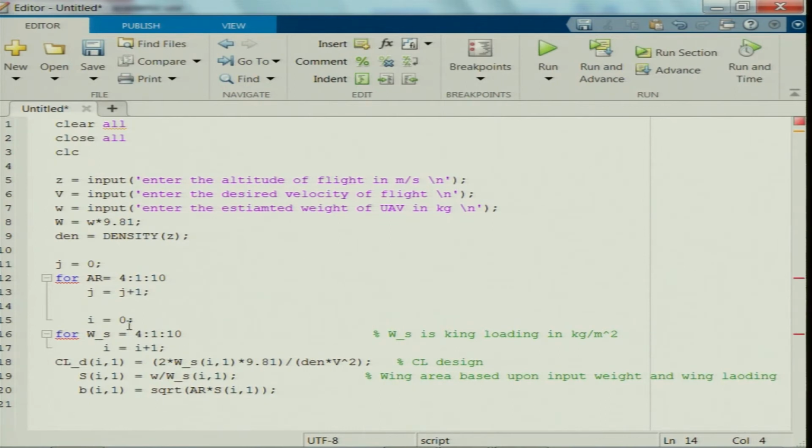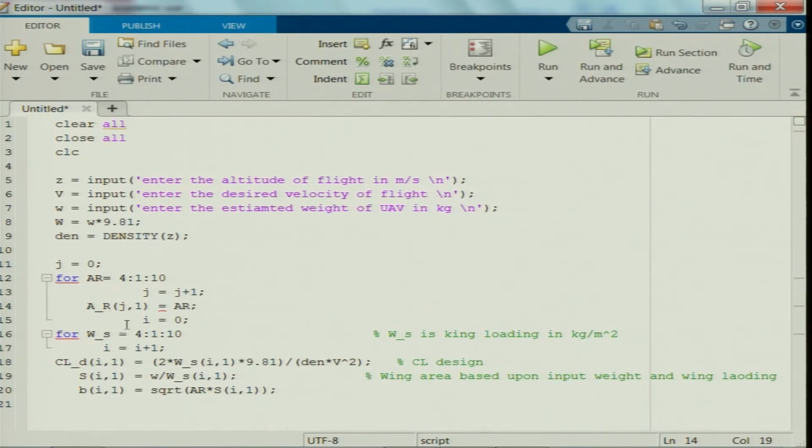Okay. So, I would like to store this. So, small AR, let us say, of aspect ratio, or A underscore R, otherwise aspect ratio, I am storing it just for storing purpose. So, j comma 1 is equal to AR.